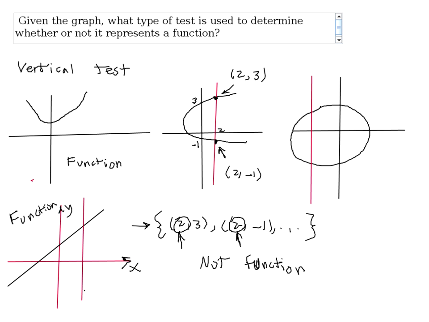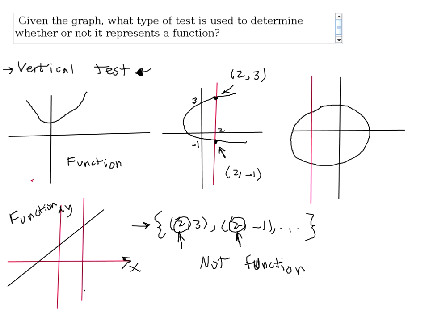Anybody know when we use the horizontal test? When do we check whether a function is one-to-one? Okay, for the horizontal test, we're going to get to this concept a little bit later. If you already established that we have a function, and then we want to know whether it's a one-to-one function, then we use the horizontal test.